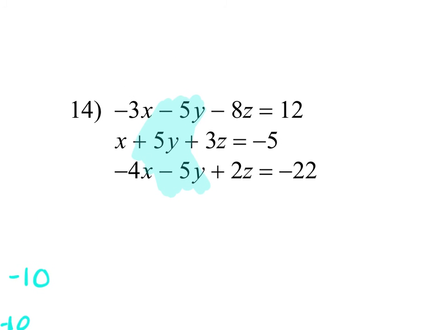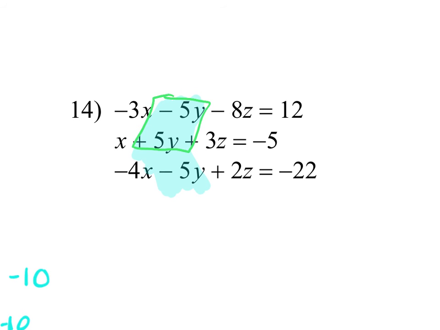Which 2 equations do you want to work with first to eliminate the y's? Just pick 2 of them. The first one, the second one. Awesome. Let's do the first and the second.